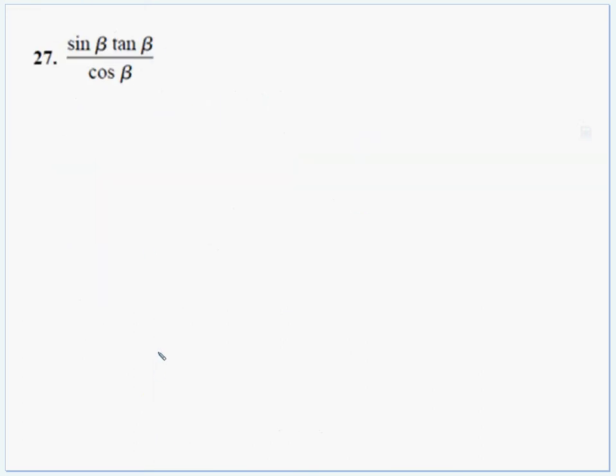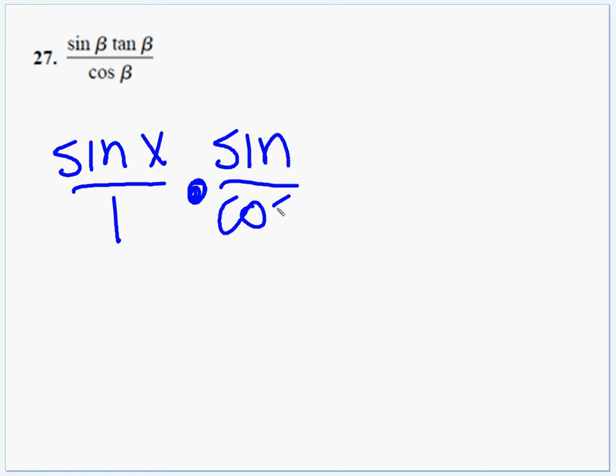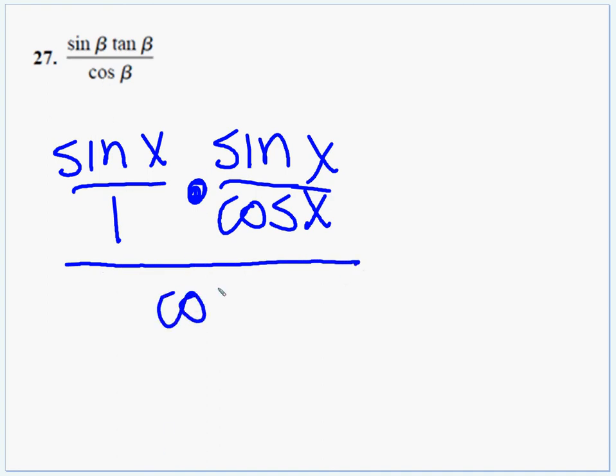Let's see what's next. Okay, we got a sine and a cos, and we got a tan in there. I'm just going to turn everything into sines and coses. So this sine in the numerator I'll leave alone. This tan, I'll make that sine over cos. And then underneath all of that, we have cos, or cos over 1. So we are going to bring this one up and flip it.